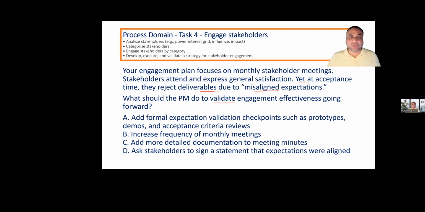Add formal expectation validation checkpoints such as prototypes, demos, and acceptance criteria reviews. Increase frequency of monthly meetings. You are only meeting. Add more detailed documentation to meeting minutes. That could be the ideal. Ask a stakeholder to sign a statement that expectations are aligned. This is by force. You cannot do anything. So B and D are out of the league.